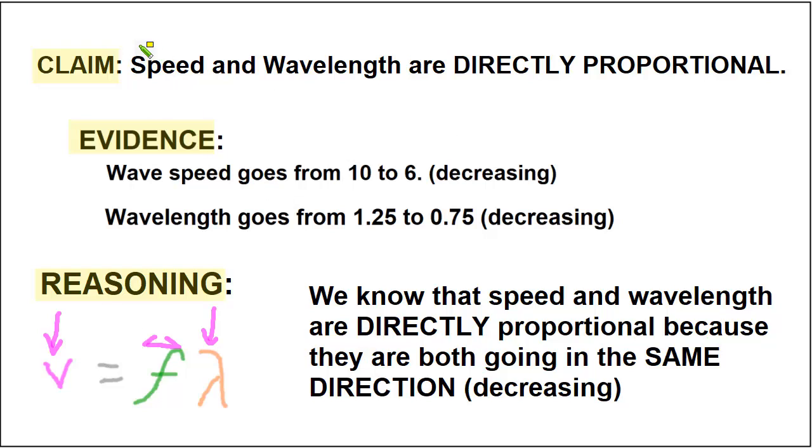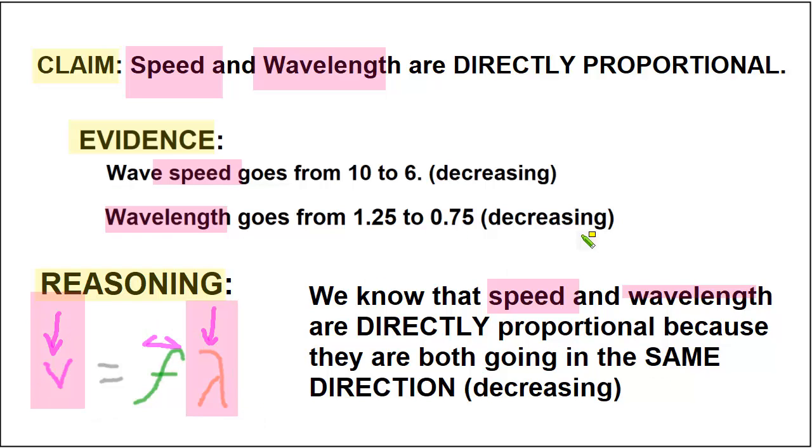And notice all over the place we have speed, wavelength, speed, wavelength. Everything in here is talking about speed and wavelength. So that right there will get you a 3 on the formative assessment. If you want to get a 4, write about the equation and how the arrow math shows that they are also directly proportional. That'll get you a 4.